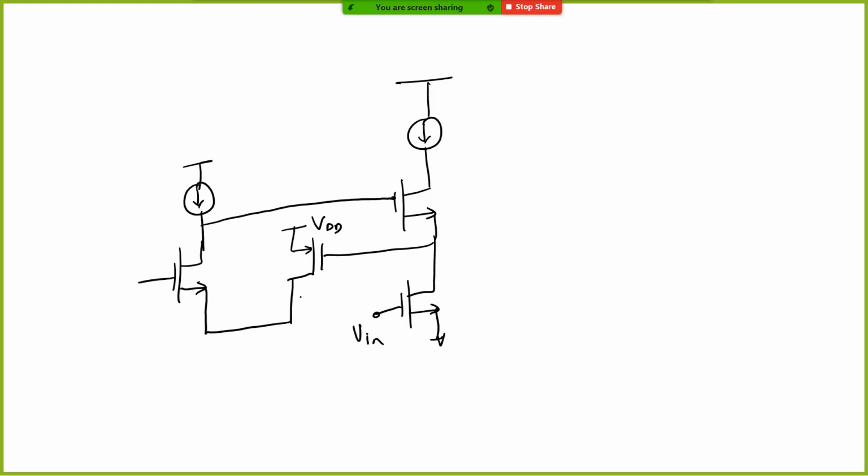Now, of course, to bias this whole thing, you need a current source here. So let's say this is I1, this is I3, I2, M1, M2, let's say this is M3 and M4. Now again, this has to be given some bias voltage, which we can generate somehow. We know how to generate it.